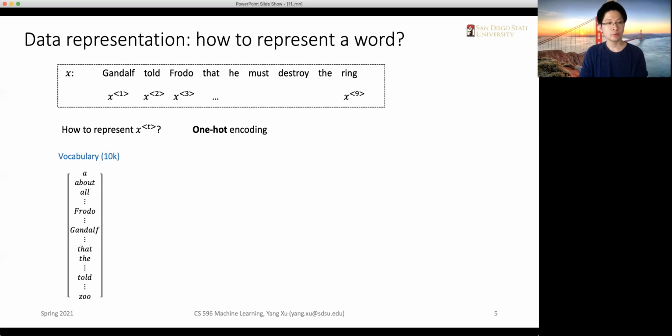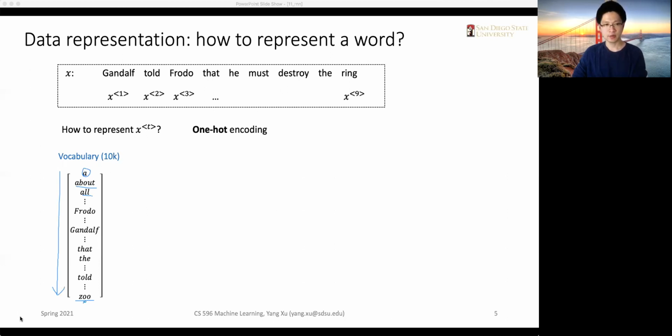For example, if we list all the words that have appeared in the training data, from the first word, a, which is a very common word in English, from to about, all, until the last word appeared in our data, which is zoo. In this example we just sort all the words in alphabetical order.